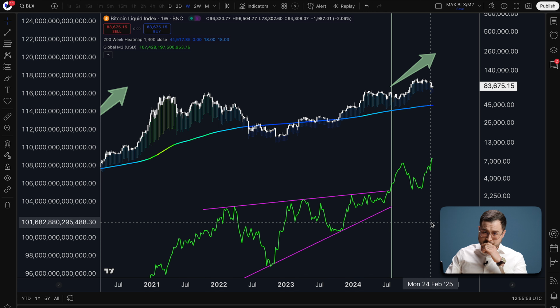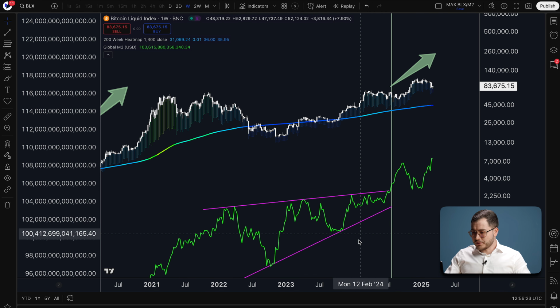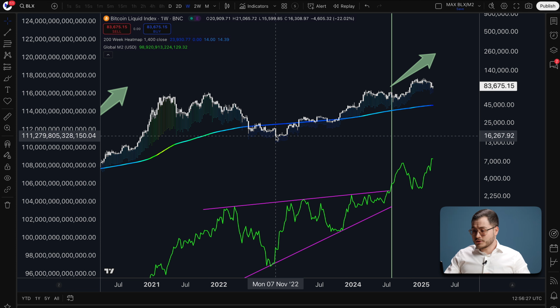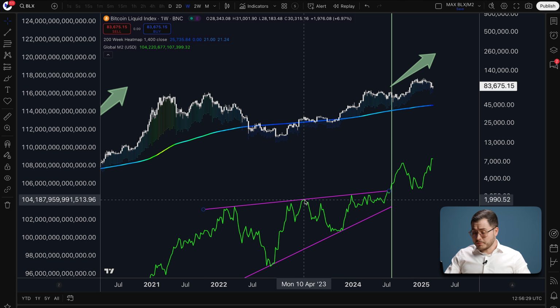And that brings us to a super interesting point, because where we're currently sitting is this situation right here, bringing us back to what we were just talking about. Local bottom for global money supply here, Bitcoin bottom just a bit later. Local top for global money supply over here, Bitcoin top pretty much at the same time, just a little bit later.